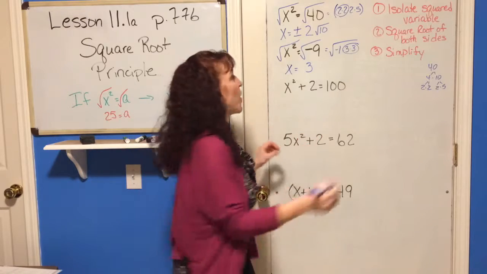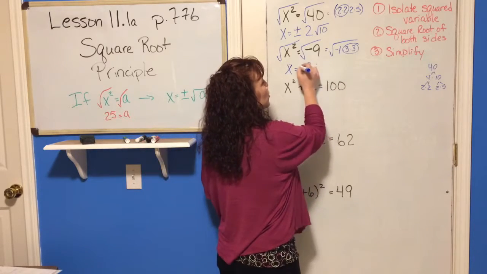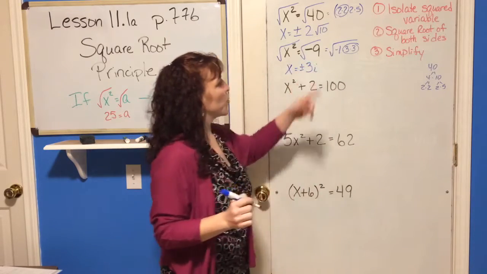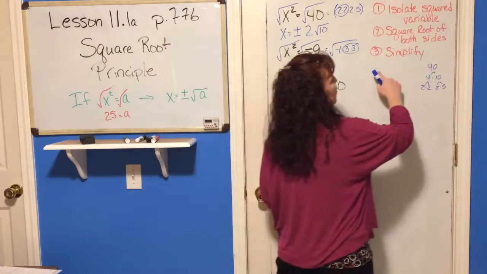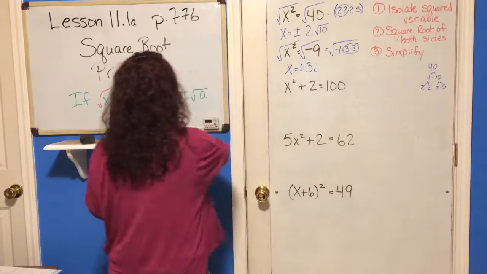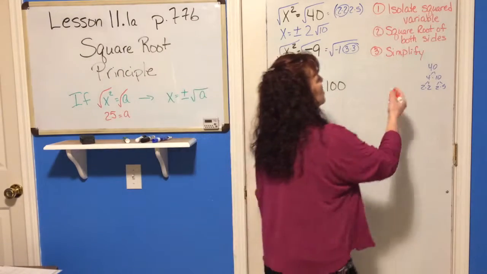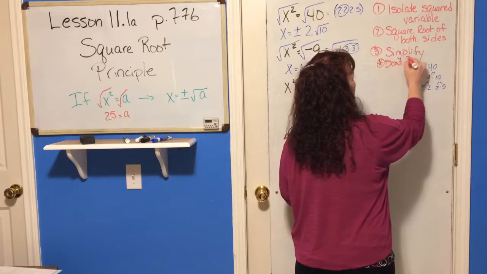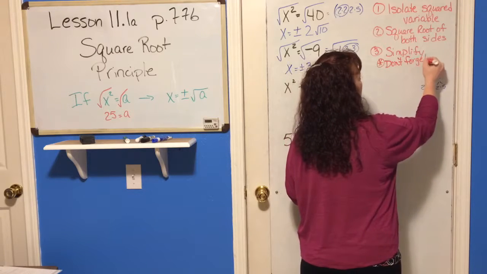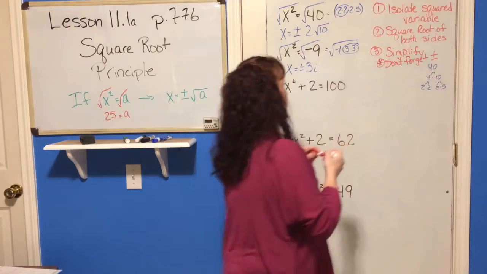The square root of negative 1 is just i. So it's plus or minus 3i. Maybe put in your notes: don't forget plus or minus when you simplify.